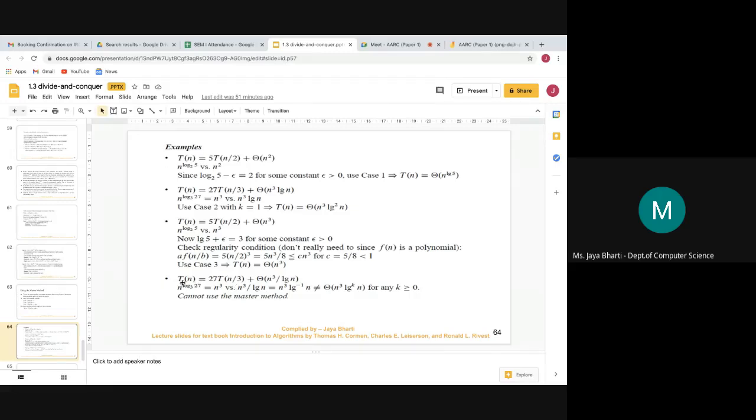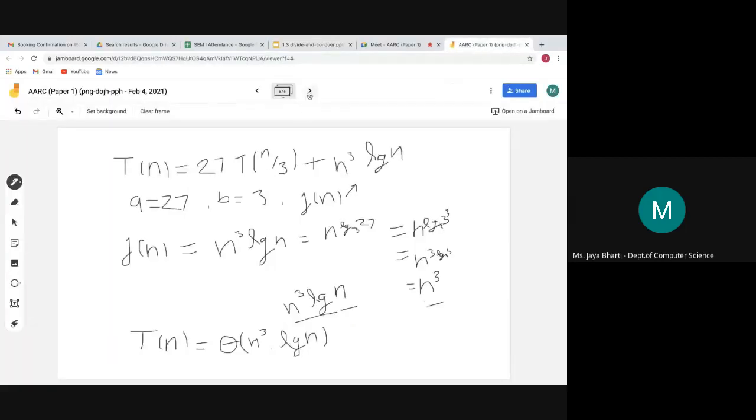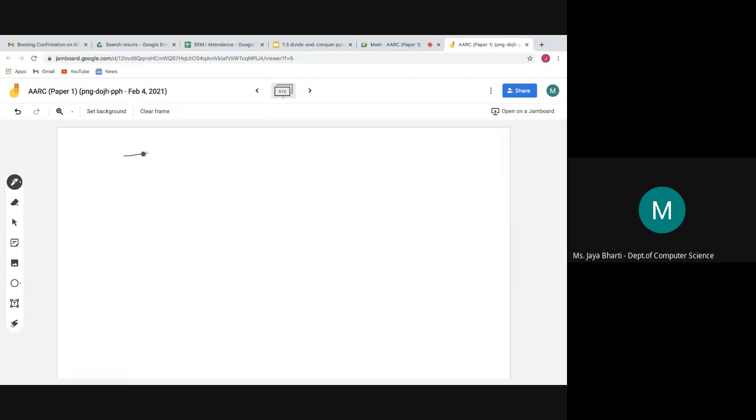We have also one more example, which is T(n) = 5T(n/2) + theta of n cube.